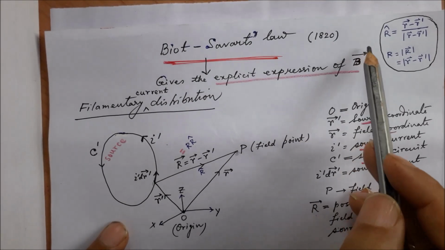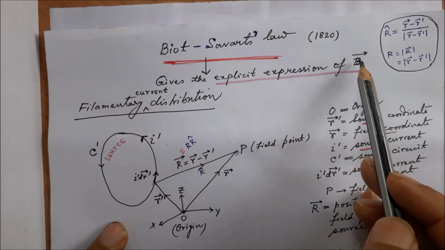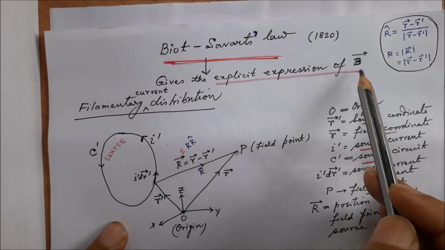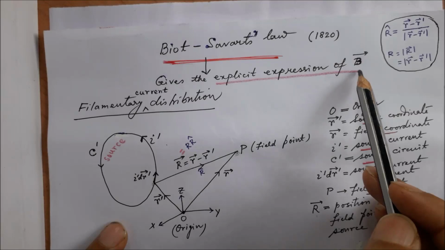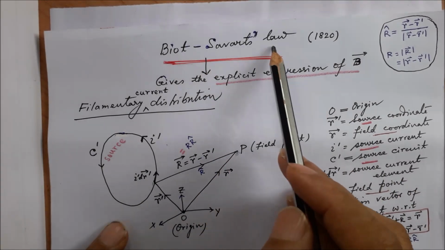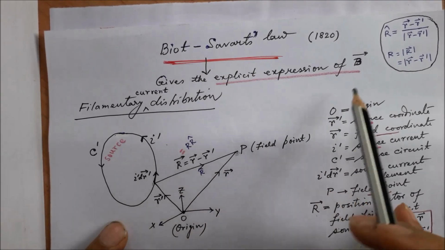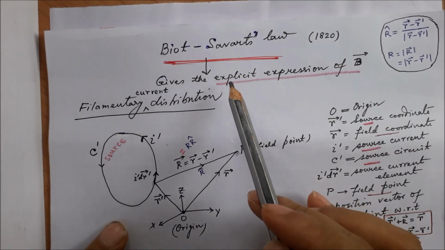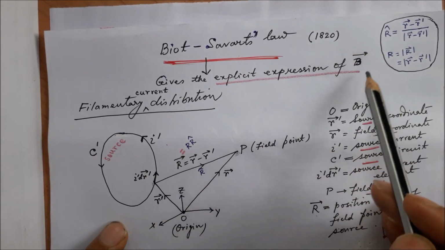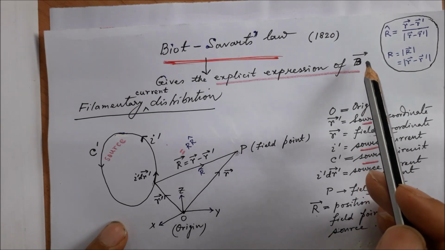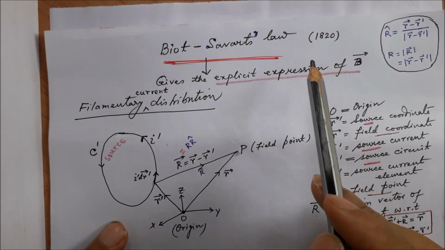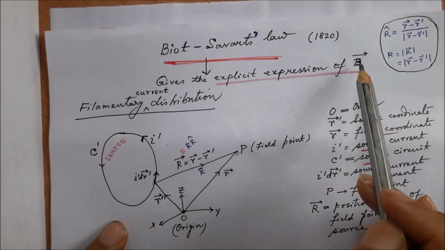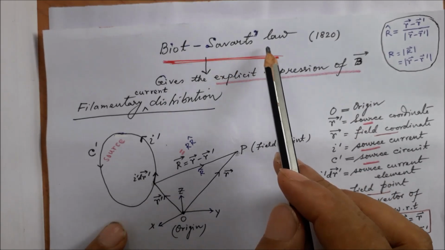But the explicit expression of vector B, or the form of vector B, was given by Biot-Savart's law. So Biot-Savart's law does not define vector B, but it gives what form this vector B will have. So B is defined from the Lorentz force equation, and the explicit expression of vector B is given by Biot-Savart's law.